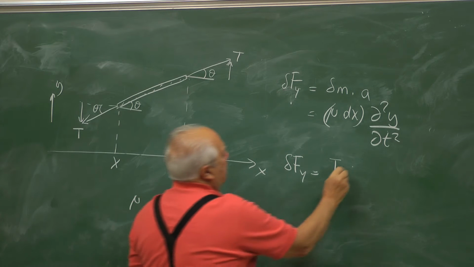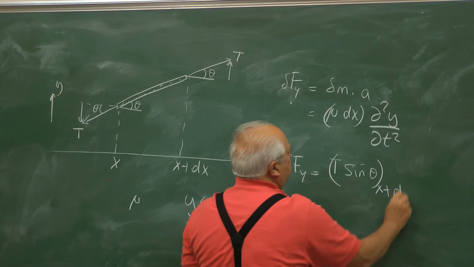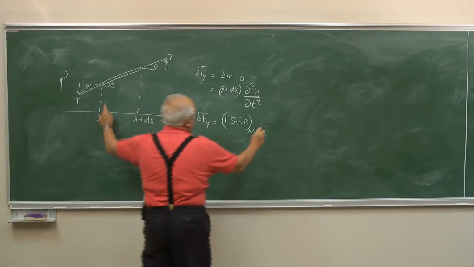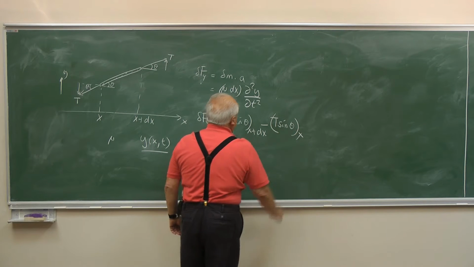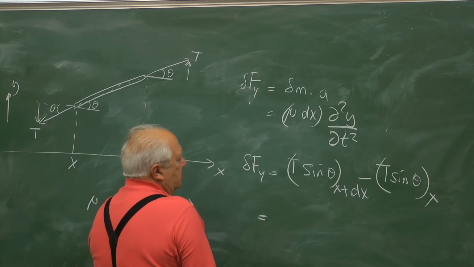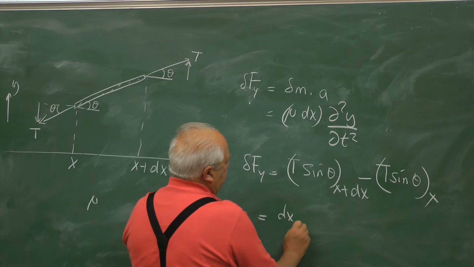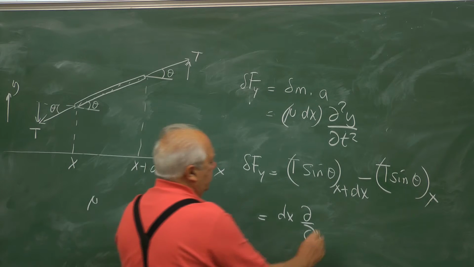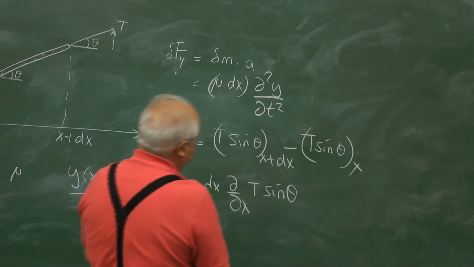So it is T sine theta at x plus dx minus T sine theta at x. So it is delta x times the derivative of T sine theta.